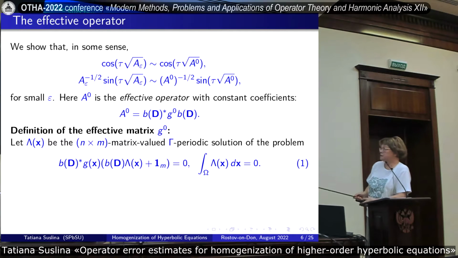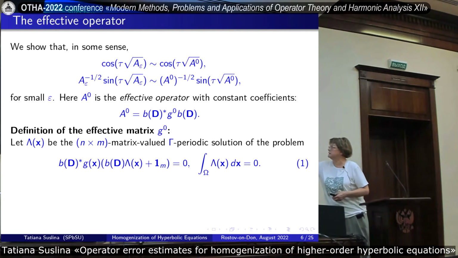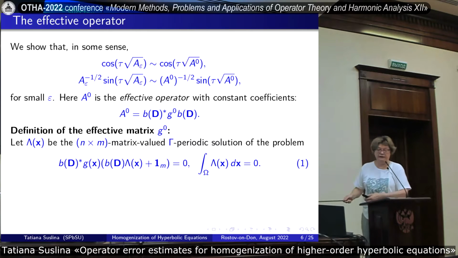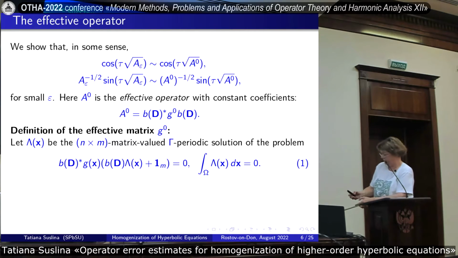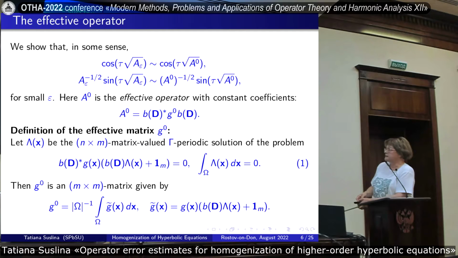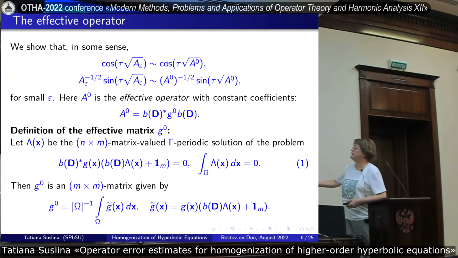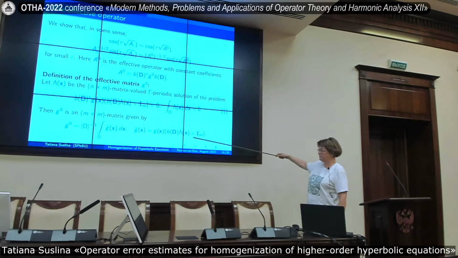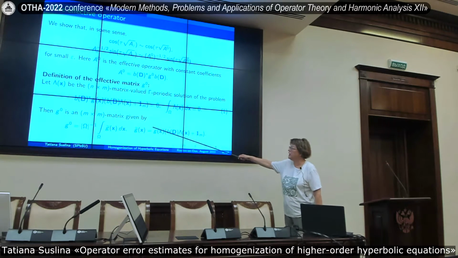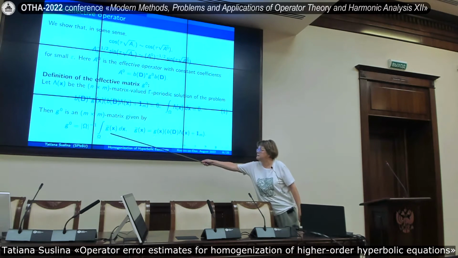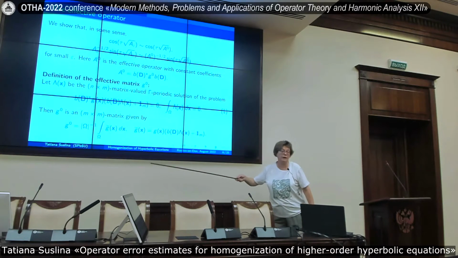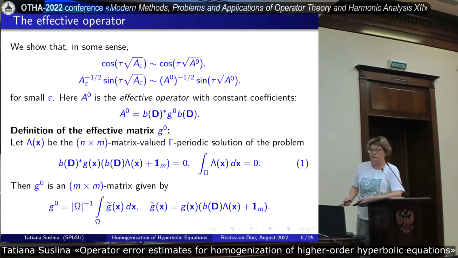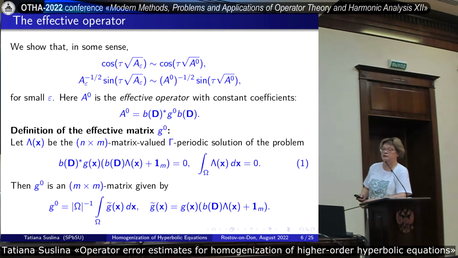And the solution is fixed by the condition that the mean value of lambda is 0. Next, we define the matrix valued function G tilde of x in terms of lambda by such a relation. And the mean value of this G tilde is G naught. It turns out that the matrix G naught is always positive definite.